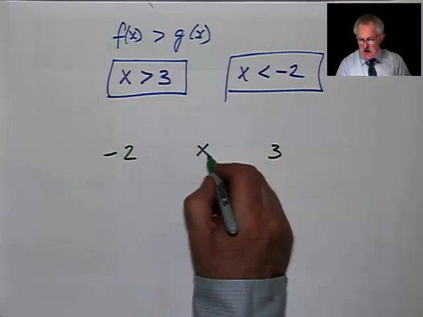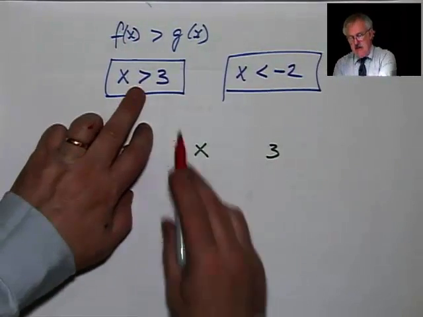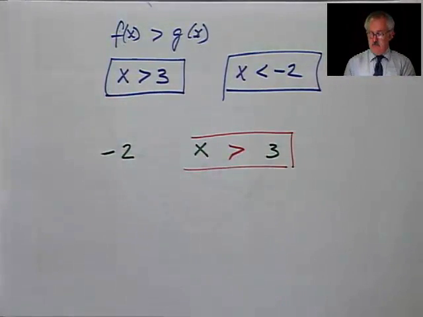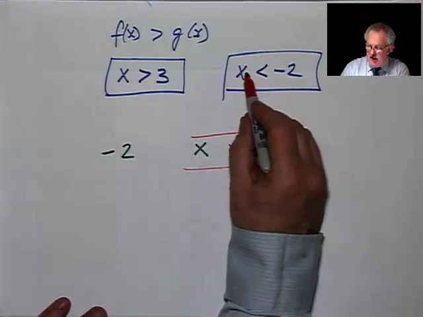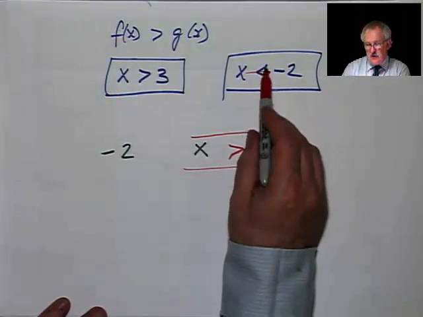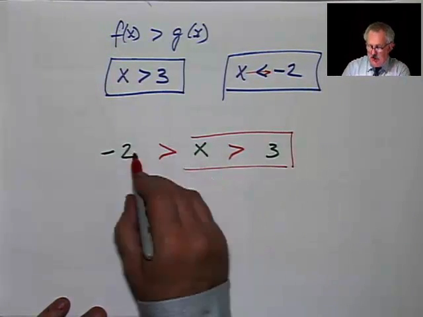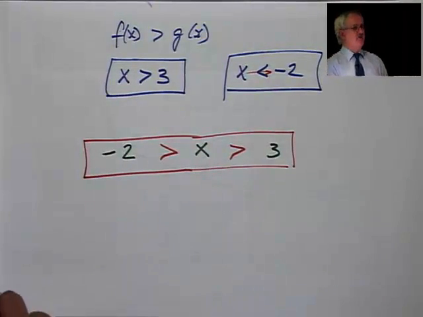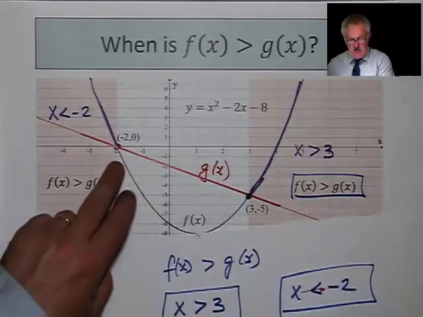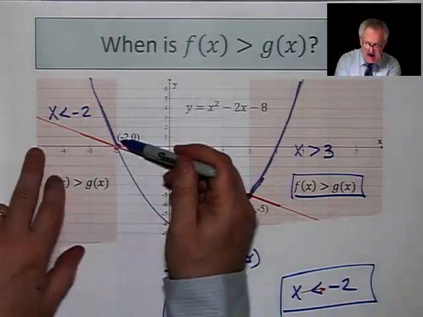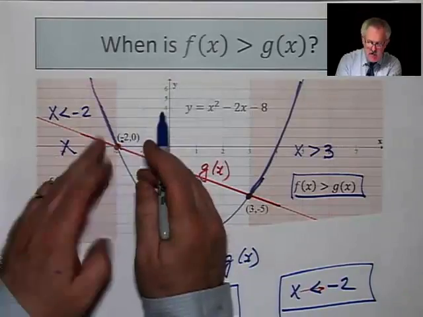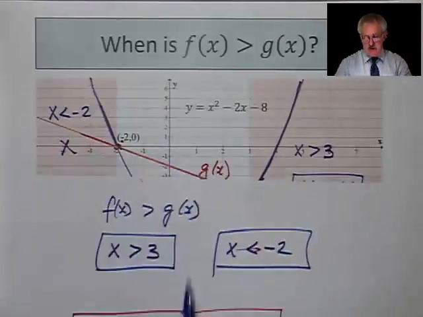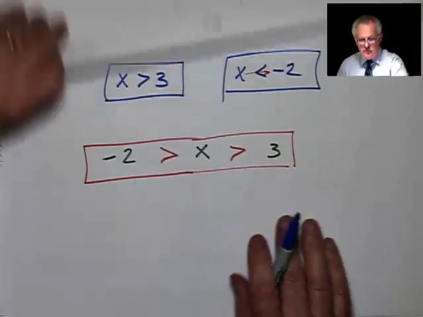And we'll put x in the middle. x and 3 are associated with a greater than. x and minus 2, to get from one to the other, on this occasion you hit the pointy bit first, so you should hit the pointy bit first going back. So minus 2 is greater than x is greater than 3. So if minus 2 is greater than x, it means x is down here, then it's all positive. Once minus 2 ceases to be greater than x, it doesn't hold.